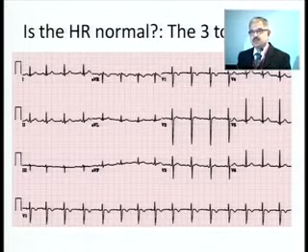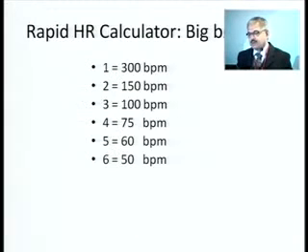So let us go and see. Now I have got some quick calculators. If I need a quick calculation, I look at it this way. I do not require very fine numbers. Like I don't need 173 heart rate. Between 173 and 170, it makes no difference to me. So I quickly look at it and see, is there one big box between two RR complexes?